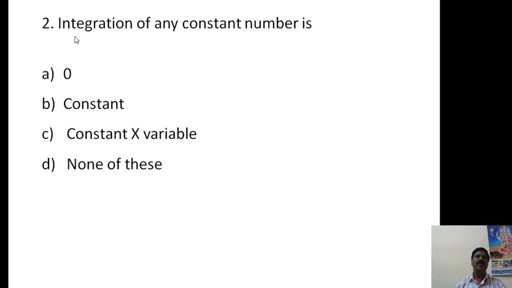Second one: integration of any constant number is. Option A is 0, B is constant, C is constant into variable, D is none of these. I will give 10 seconds for you people. You can choose the correct option.